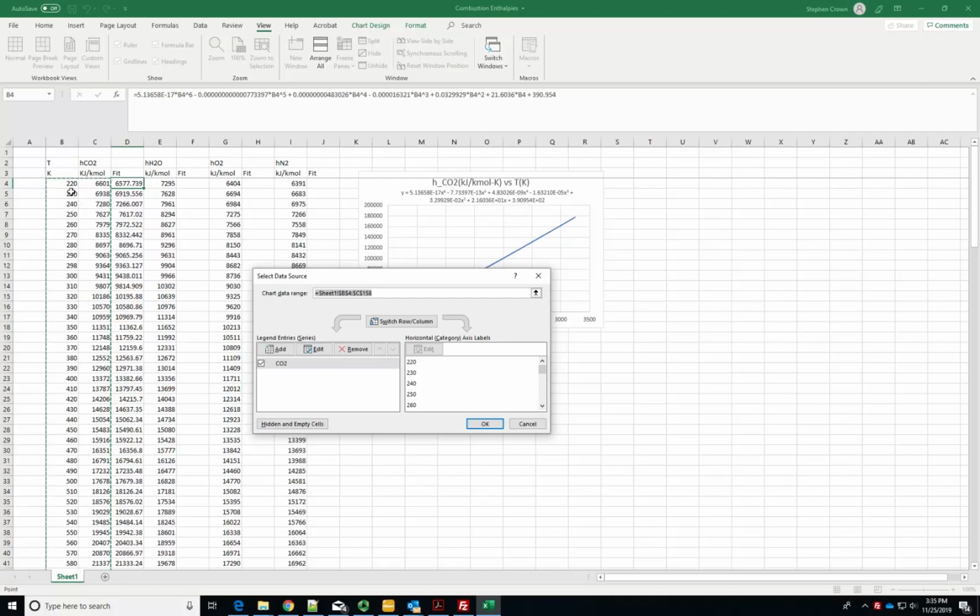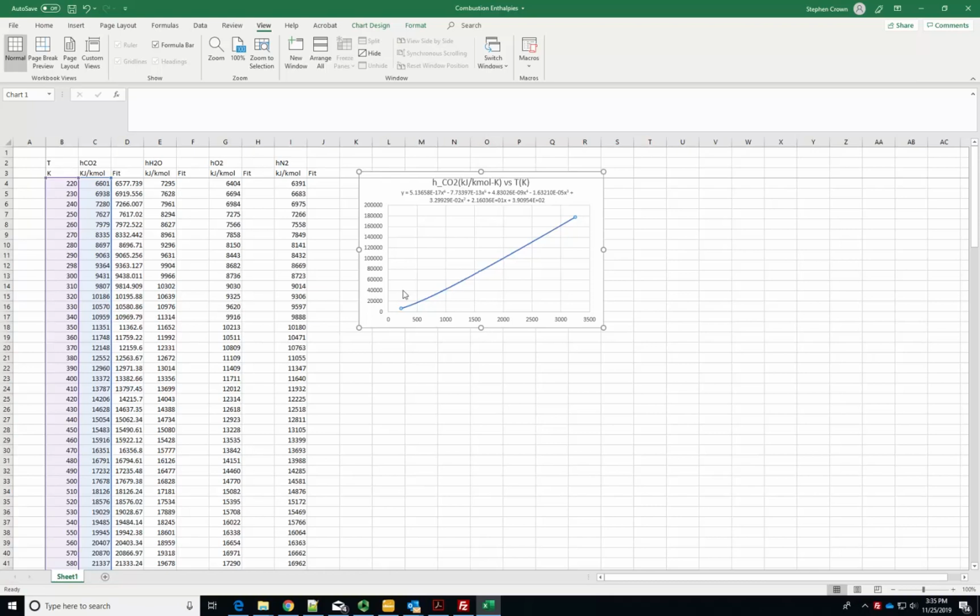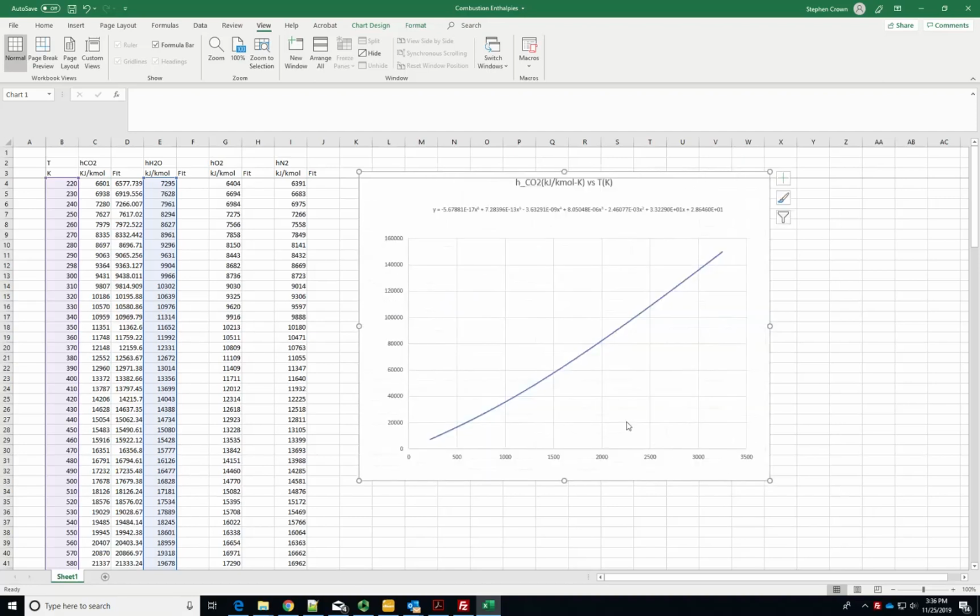So this data that I'm looking at is temperature and the enthalpy of CO2. I could do the same thing for the other gases. So if I just take this and stretch it over here, I'll find out that a sixth order polynomial gives me a very good fit. It's hard to even tell the difference between the curve fit and the function here. Maybe if I zoom in a bit, you still can't really see it. Very, very small error there.